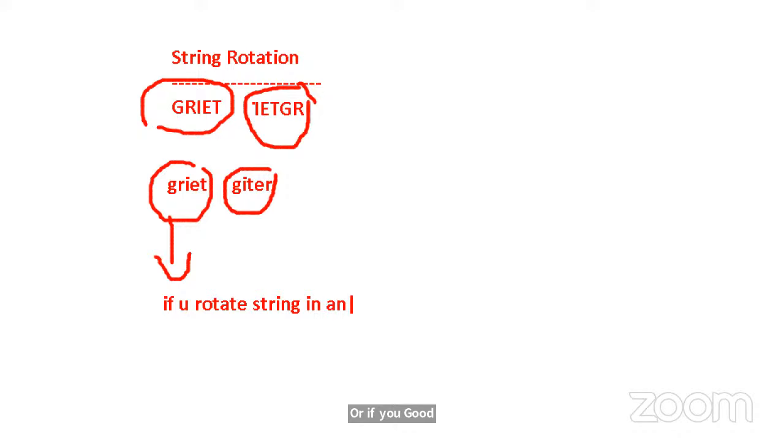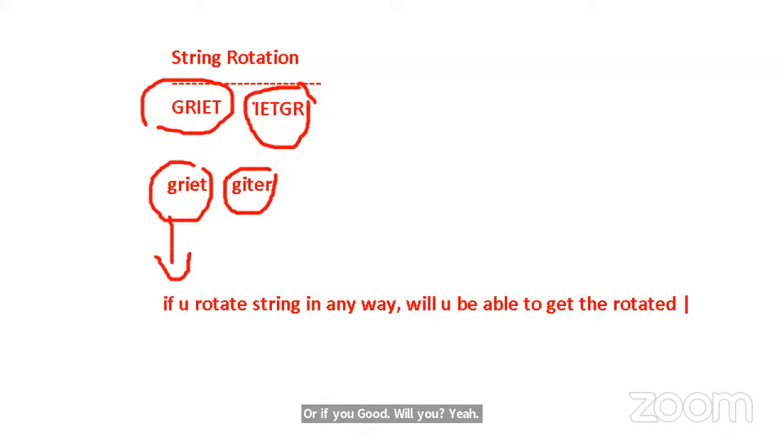So if you rotate the string in any way, will you be able to get the rotated string? Write down these two strings. You can just give me the answer true or false.